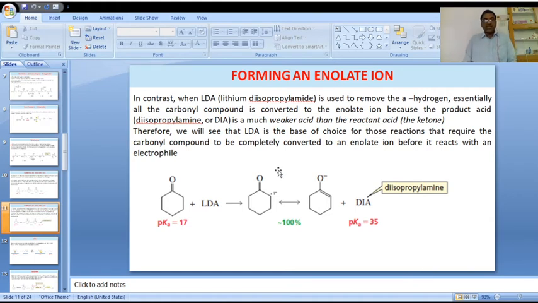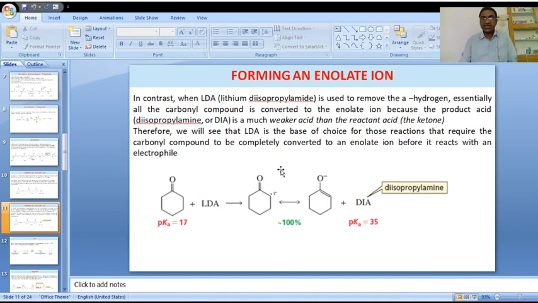Therefore, we will see that LDA is the base of choice for those reactions that require the carbonyl compound to be completely converted to an enolate ion before it reacts with an electrophile.